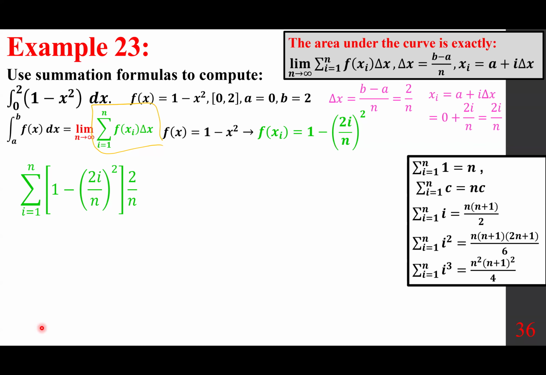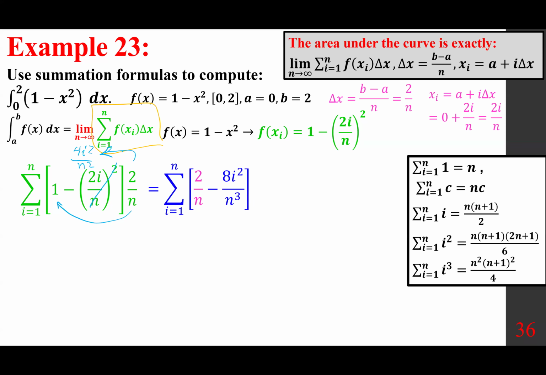So let's raise this to the power of 2, everybody, and this is 4i squared over n squared. You multiply these two, we get 2 over n. You multiply these two, we get 8i squared over n cubed. We are going to simplify this as much as possible.